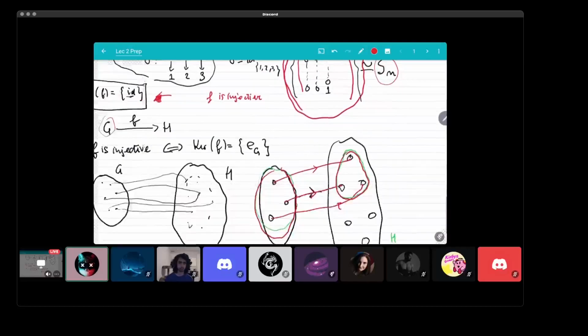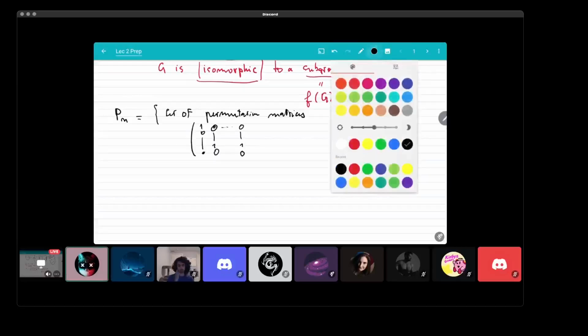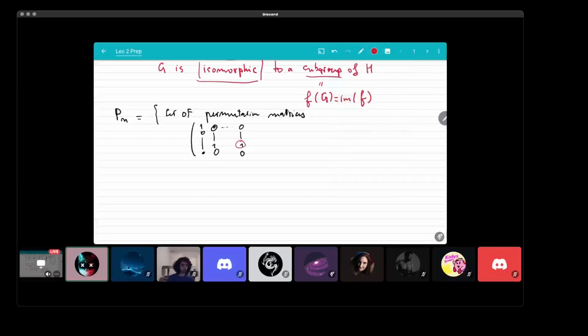So let's write it clearer. Let's note Pn the set of permutation matrices, that is the matrices satisfying that there's exactly one non-zero value on each line and on each column.